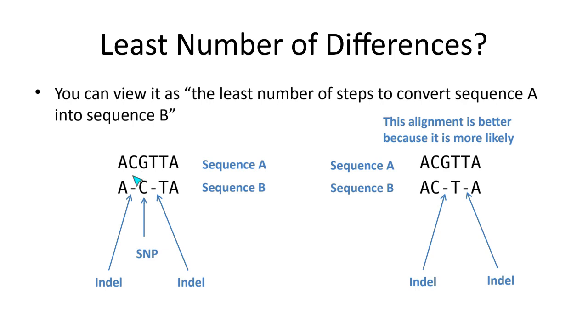You either added a C or you deleted a C. You just know that there is that difference. And that's why this term indel exists, because when you see a position like this in an alignment, you know there was an insertion or a deletion. And so it makes more sense to just shorten it and say, oh, there was an indel. We inserted or deleted something. All right. So 2 indels here versus 2 indels and a substitution mutation here.